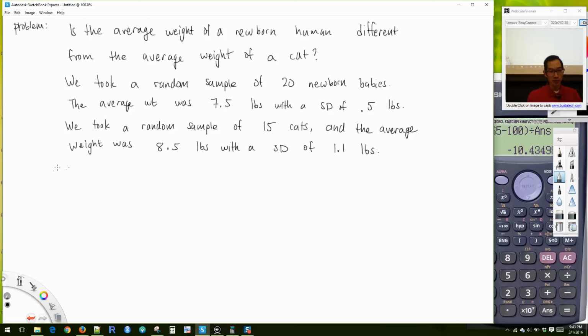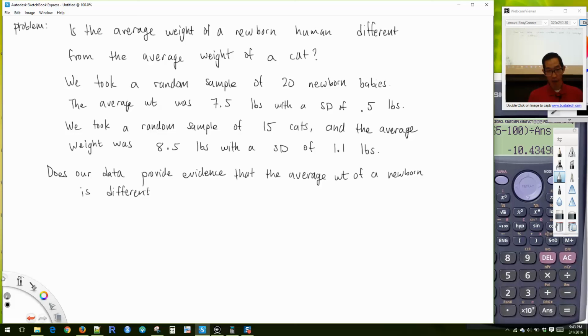Okay? And so we're going to say, do our data provide evidence that the average weight of a newborn is different from the average weight of a cat?